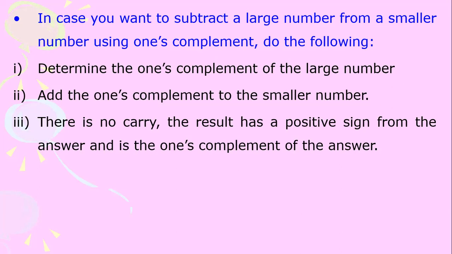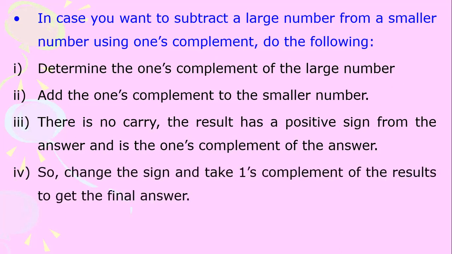So step number one, determine the ones complement of the large number. Secondly, add the ones complement to the smaller number. You realize that there is no carry. So the result will have a positive sign, and this will be the ones complement of the answer. From there, you change the sign and take the one's complement of the results to get the final answer.